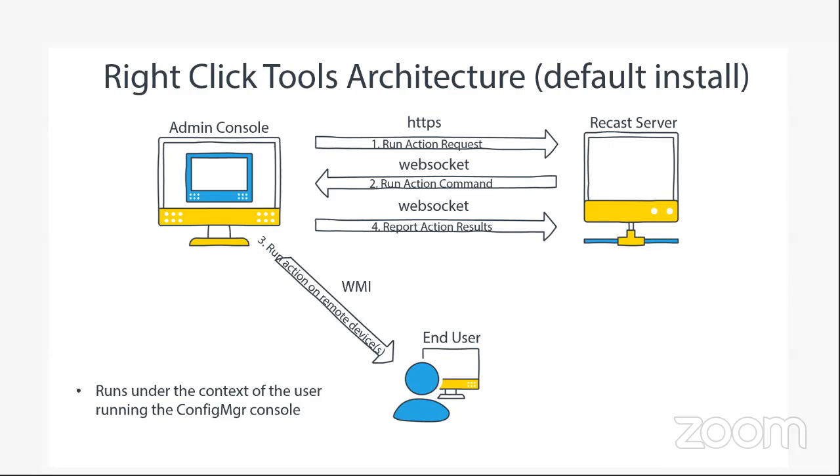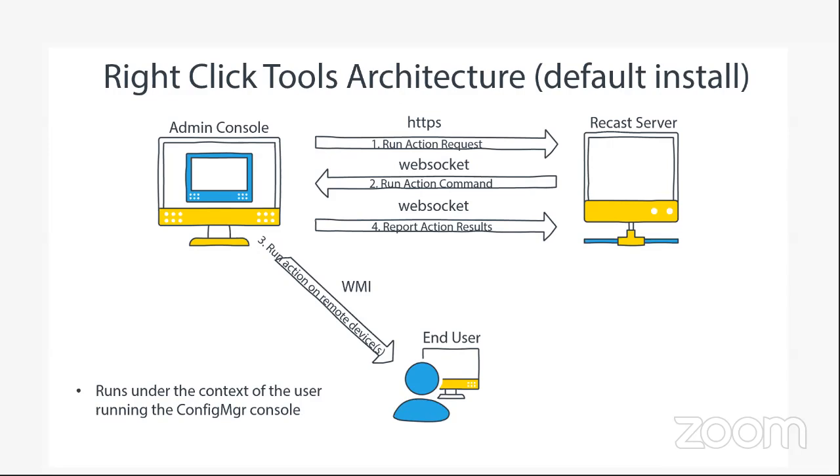right-click tools to run. So everything from an end user perspective, or a right-click tools user perspective, operates in exactly the same way as it did when you had community and enterprise standalone. The admin console, or the right-click tools installed in the admin console, are reaching out directly to the end user devices over WMI, remote registry, remote file system, and that user needs to have admin rights on the remote box.